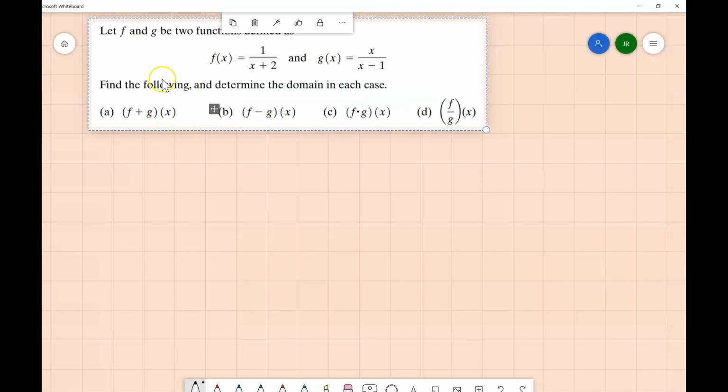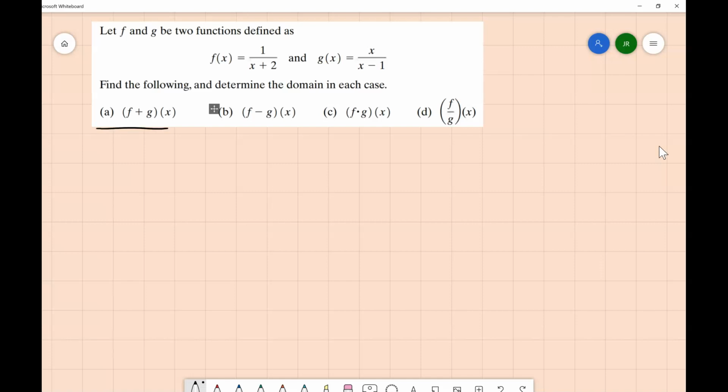All right, last example for 3.1. We have two functions f and g. We can do things to combine these functions. We can add them, subtract them, multiply them, divide them. We can do other things, but those are the four things we're going to do in this example. So f plus g of x, part A, just means I'm going to add these two functions together. It's going to equal 1 over x plus 2 plus x over x minus 1.